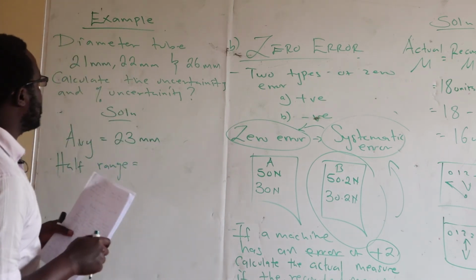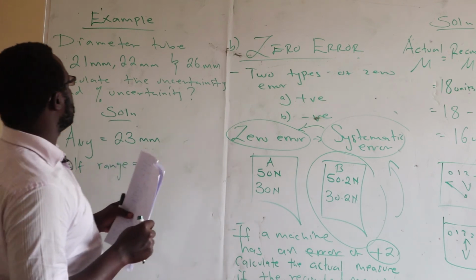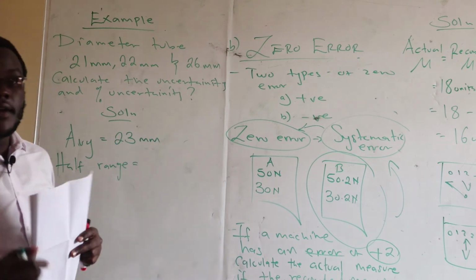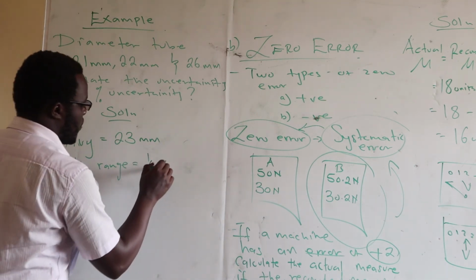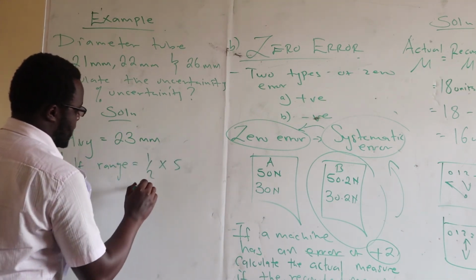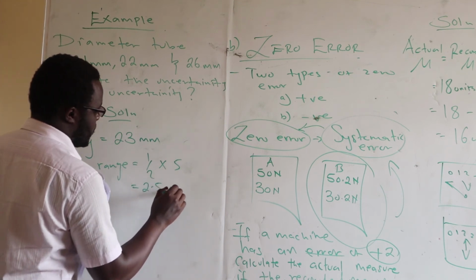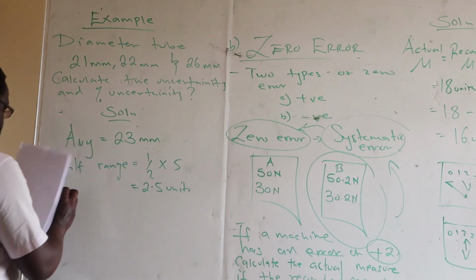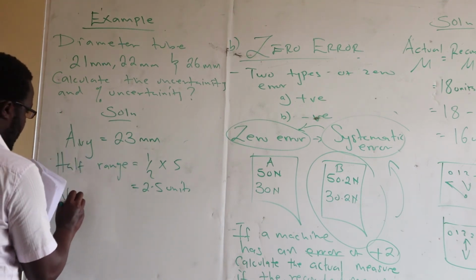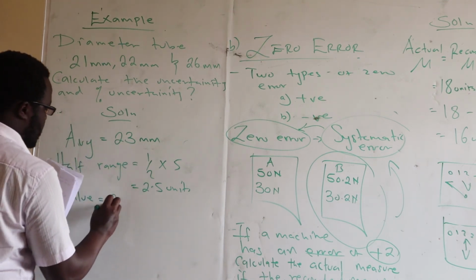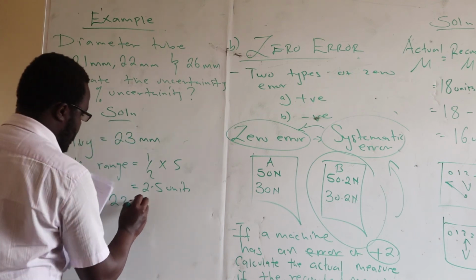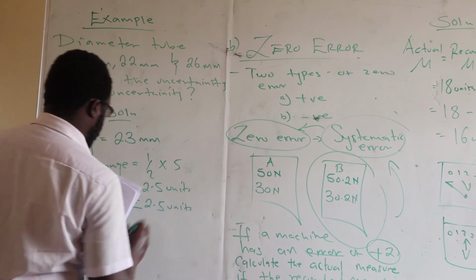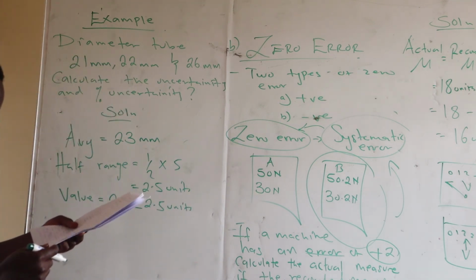Therefore, we get the difference as 26 minus 21, which gives us 5. Half of 5 gives us 2.5 units. Therefore, we get the value as 23 plus or minus 2.5 units.